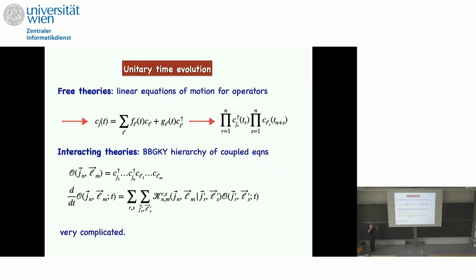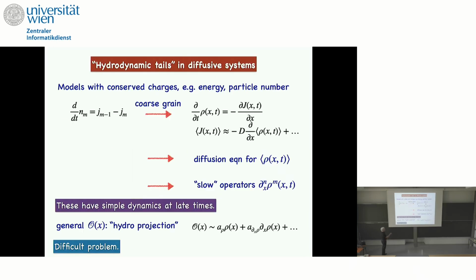Yeah, and so you get an infinite hierarchy. So that's the Bogoliubov hierarchy. And obviously, this is very complicated, and it's not practical, for example, to work out what these operators look like at late times. Very complicated.